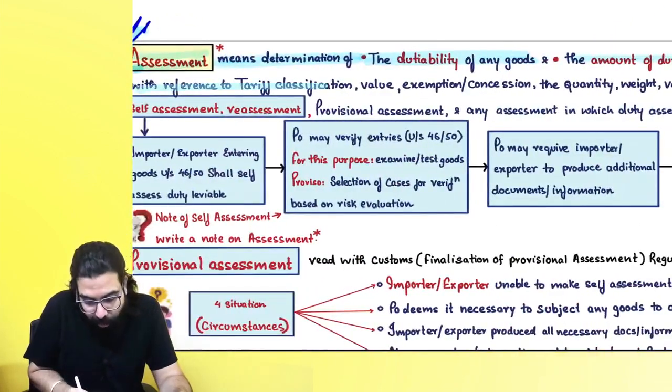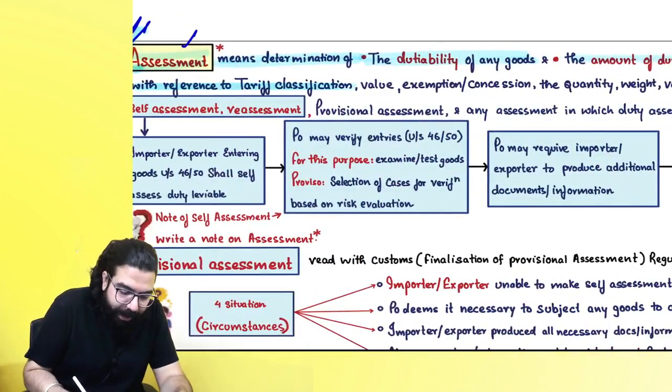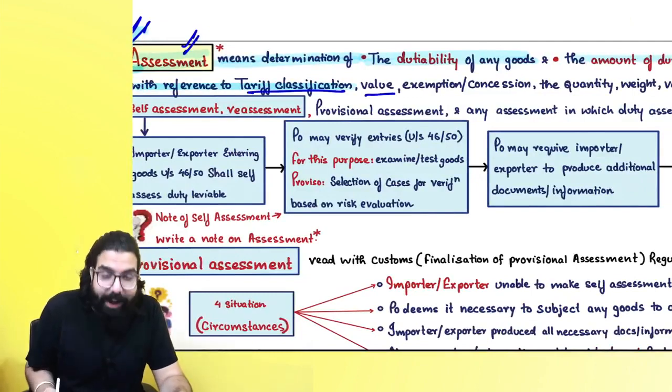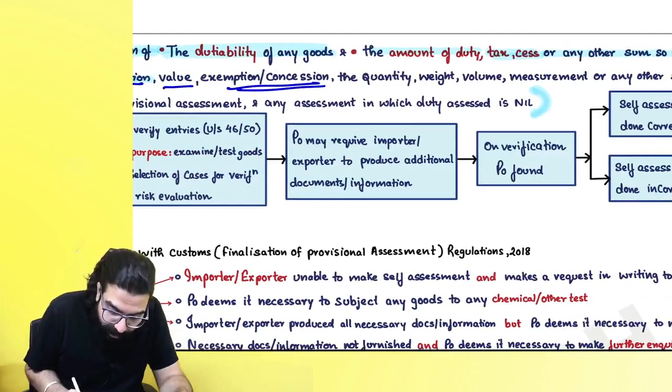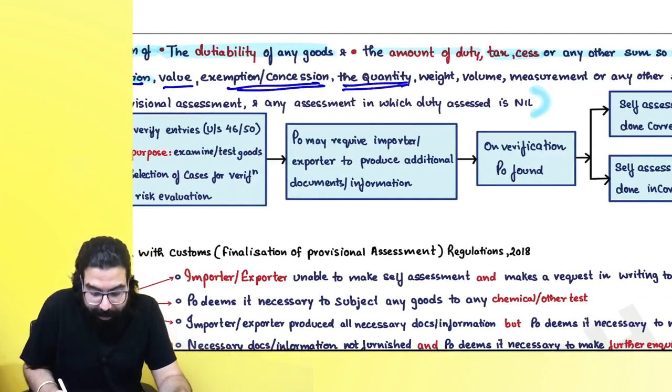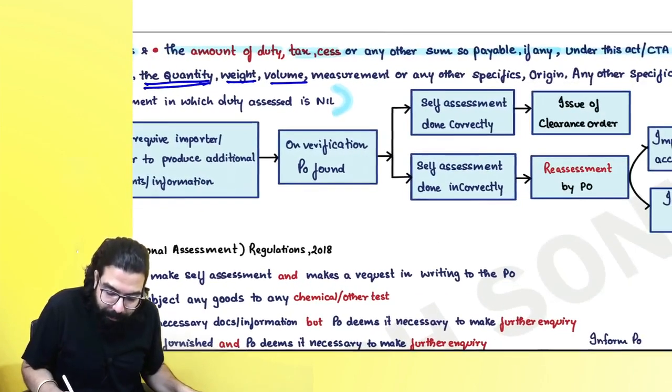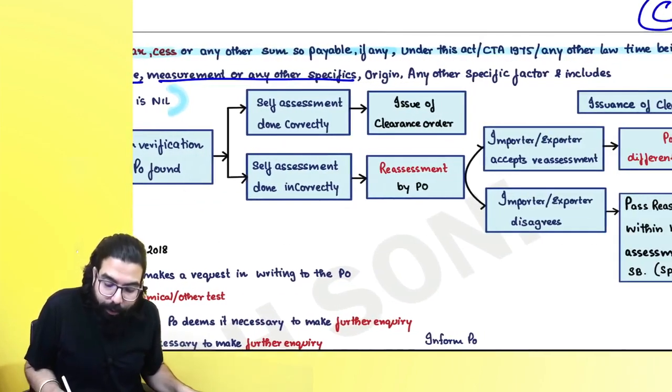With reference to tariff classification, when you are doing the assessment, you have to refer to tariff classification, value, is there any exemption or concession, the quantity, if the valuation is quantity based, weight, volume, measurement or any other specific, and you should see the origin.